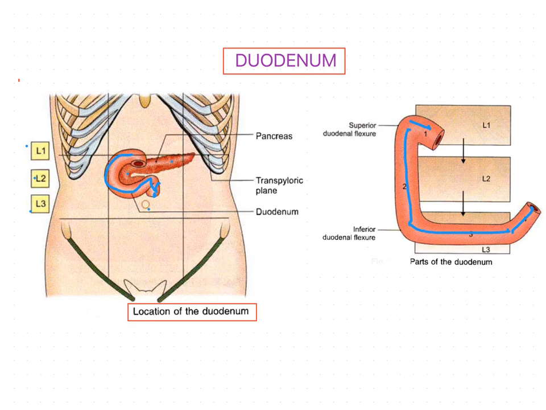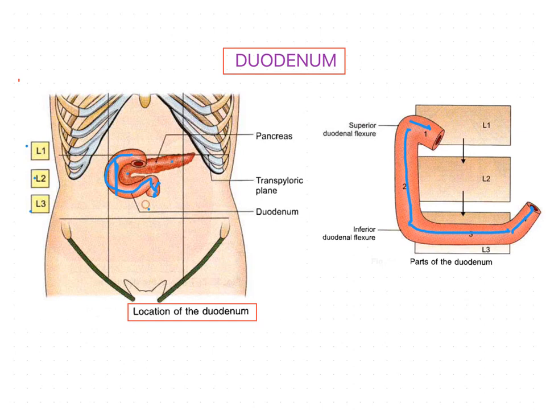Only the anterior surface of the duodenum is partly covered by peritoneum. So this is the peritoneal relation: only the anterior surface and the ends of the duodenum have a relation with peritoneum.